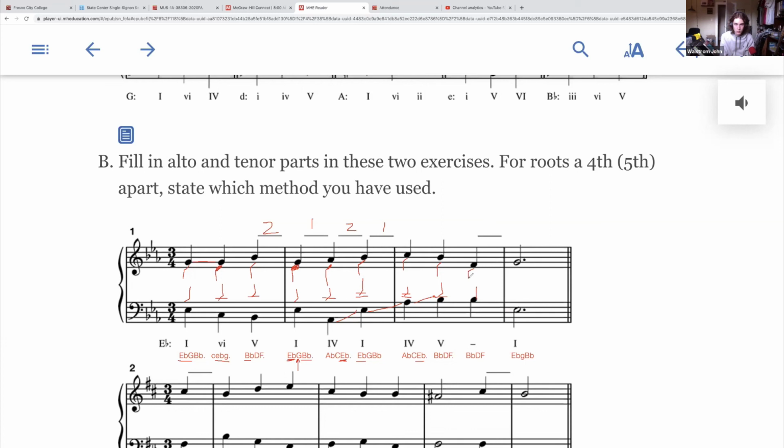The altos get the D. The tenors keep their B flat, thus doing way number 1. And the altos go up and get the E flat. Stepwise motion, way number 1. Both work. Just an alternative solution there.